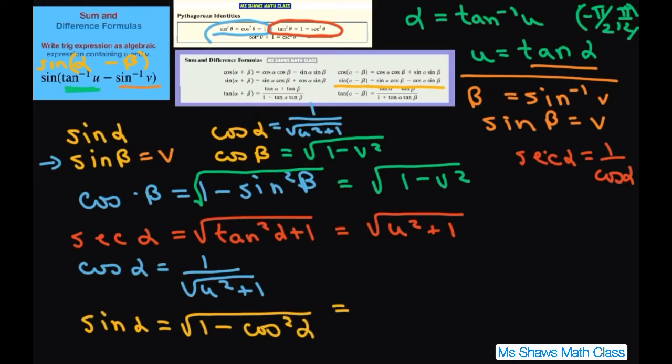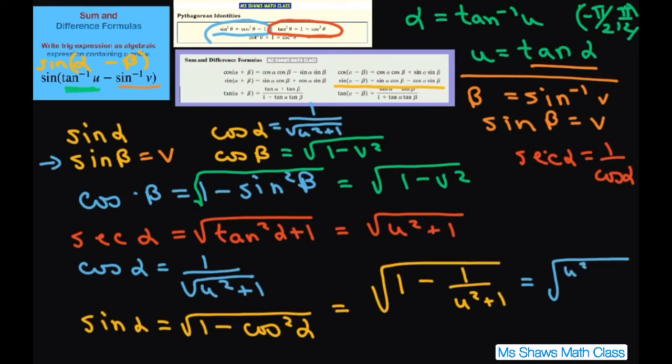So when you do that, you're going to get the square root of 1 minus 1 divided by u squared plus 1. Now, getting our common denominator, that gives us the square root of u squared plus 1 over u squared plus 1, minus 1 over u squared plus 1.